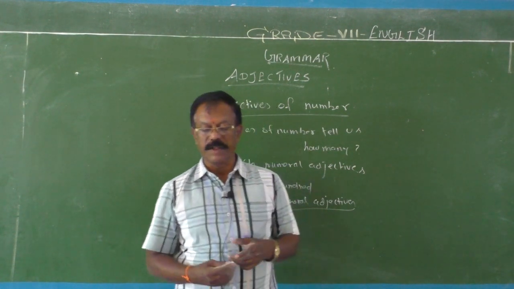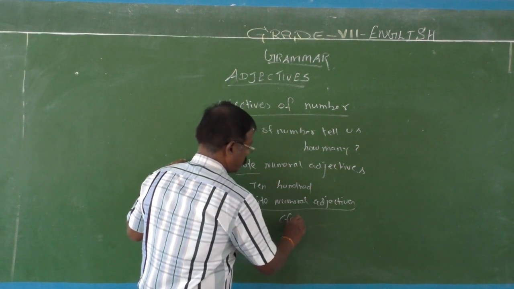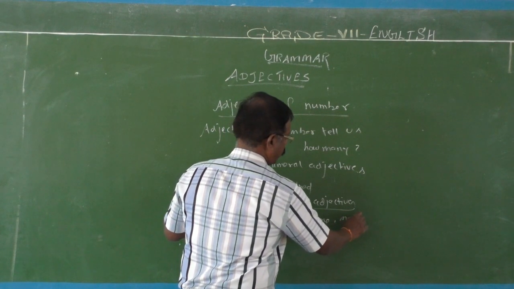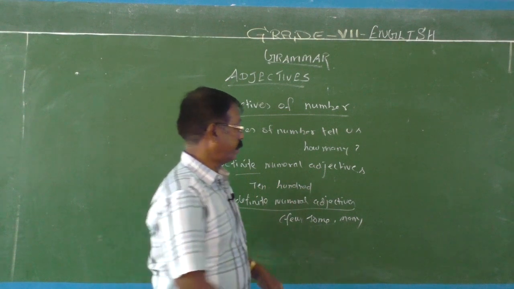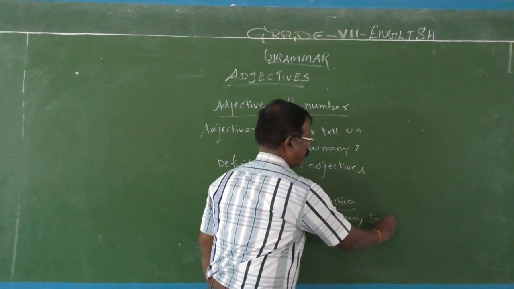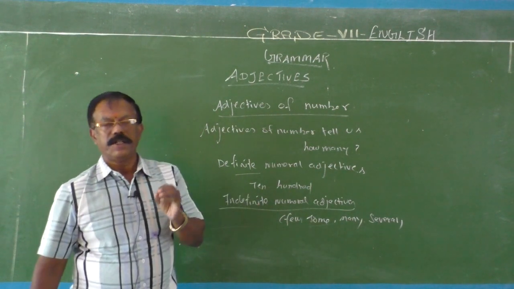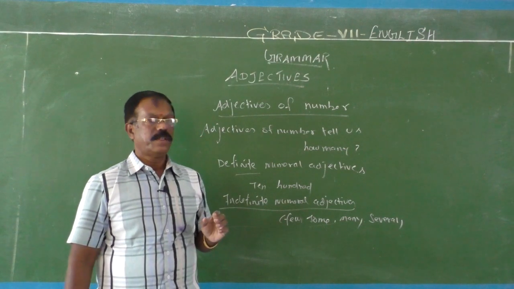They are called indefinite numeral adjectives. Few, some, many, several. They are called indefinite numeral adjectives because they don't refer to quantity in exact numbers.